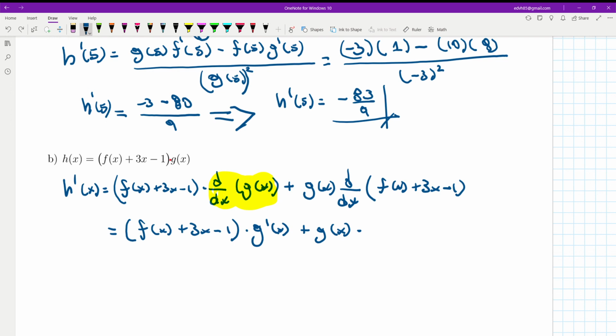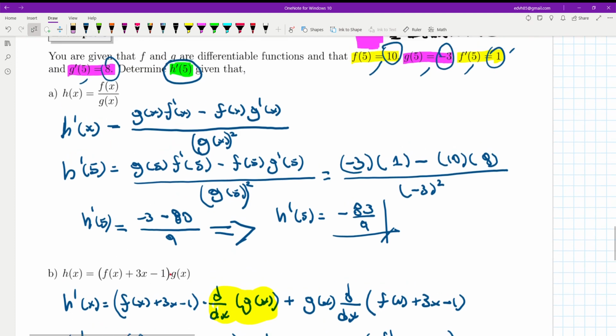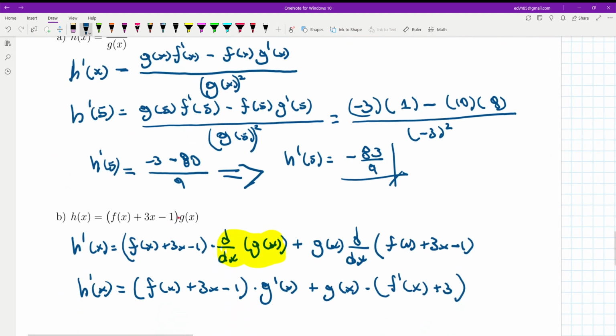The derivative of f is going to be f prime, the derivative of 3x will be 3, and the derivative of -1 will be 0. So now we have a differentiated expression to plug in and evaluate, again the quantity in green, h prime of 5.